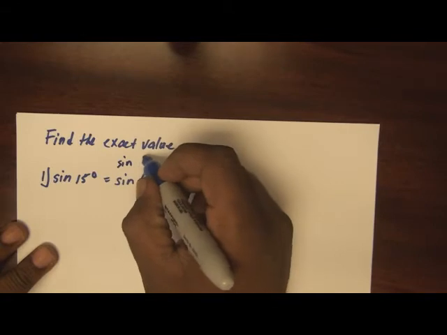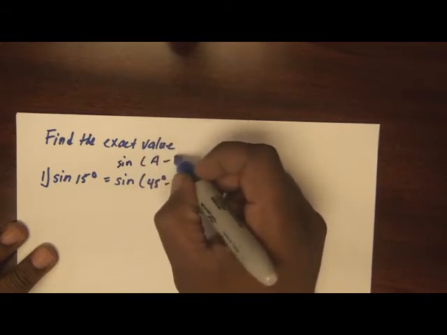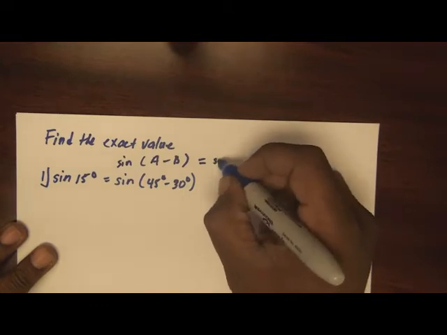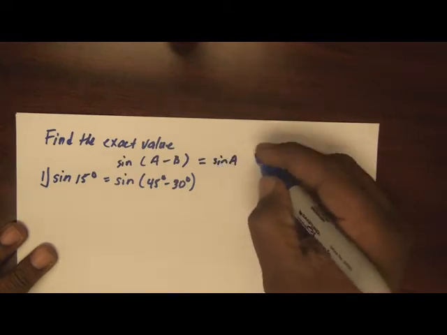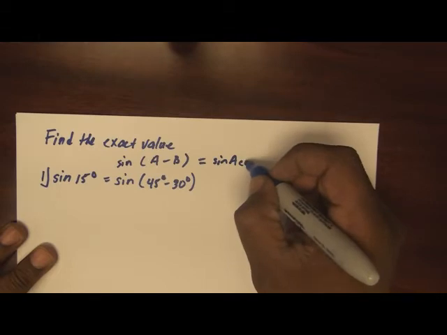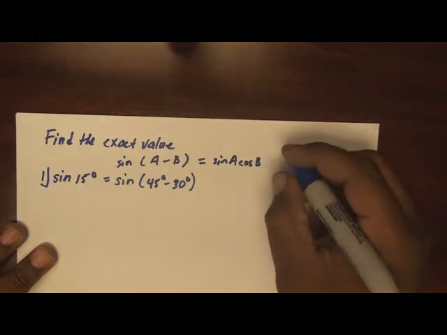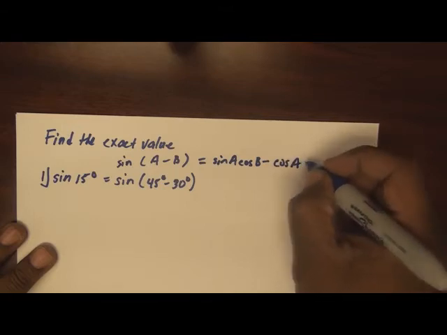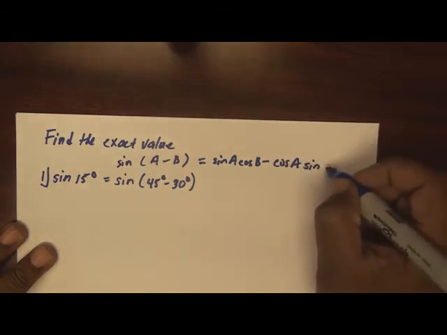The sine of A minus B is equal to the sine of A times the cosine of B minus cosine A times the sine of B.